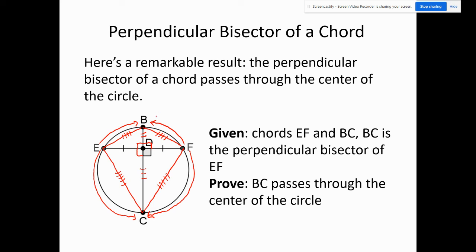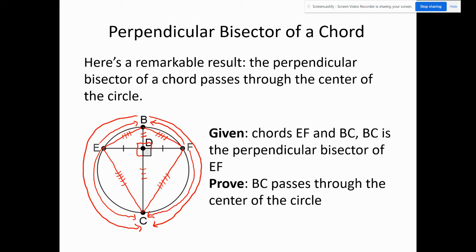So now tell me about the entire arc BC compared to the entire arc B to C the other way around. They have to be equal because the parts of one are equal to the parts of the other. Oh, so I have divided a circle up into two equal parts. So what do those parts measure? They're semicircles. They're 180 degrees.